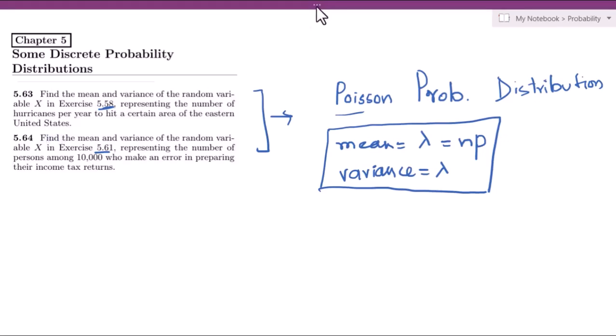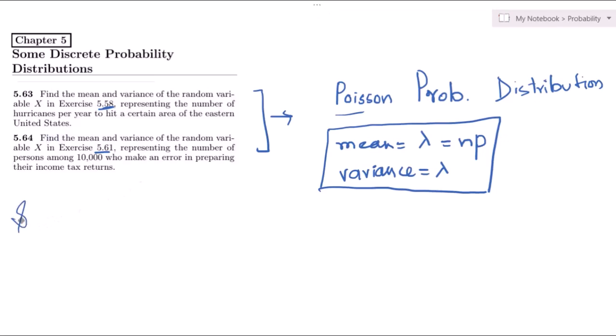In that question, the value of lambda was 6, which is basically the 6 number of hurricanes per year to hit a certain area of the United States. Therefore here, mean is also equal to 6 and the value of variance is also equal to 6. This is question 5.63.